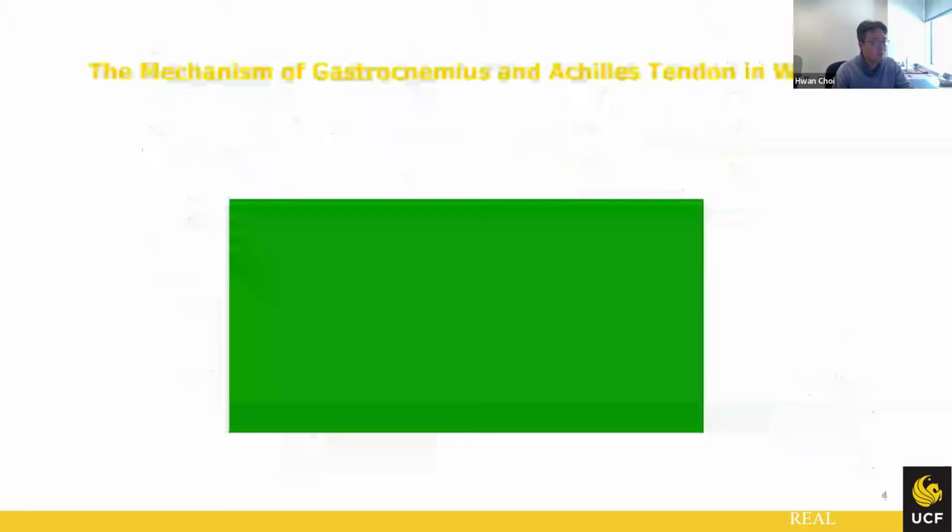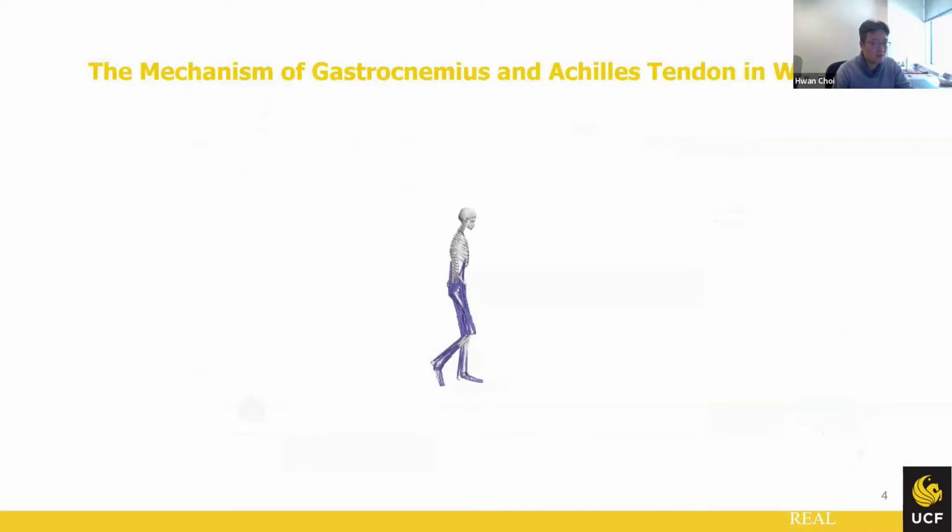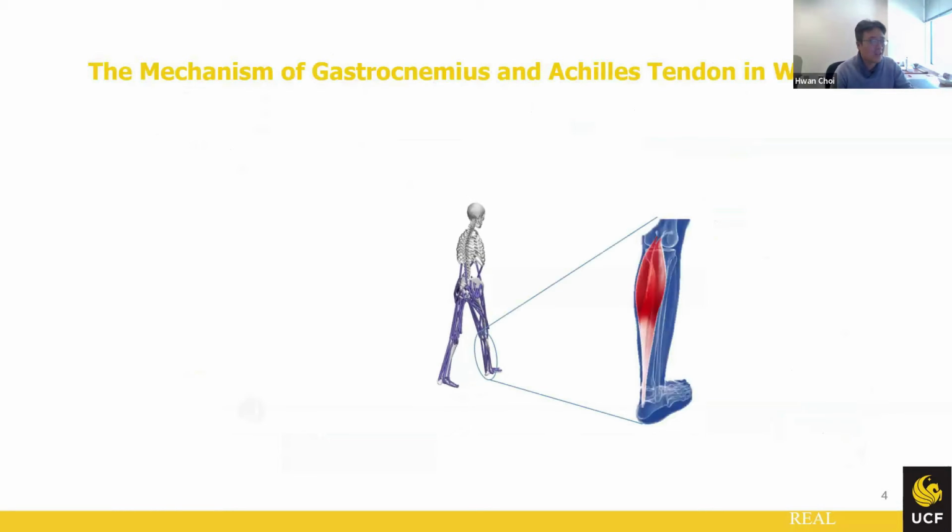First of all, in order to understand my research, we need to understand the mechanism of the Achilles tendon and muscle. This is the musculoskeletal model we are using, and this is free software called OpenSim. When we walk, this is the calf muscle and Achilles tendon, and the Achilles tendon is almost similar to a mechanical spring.